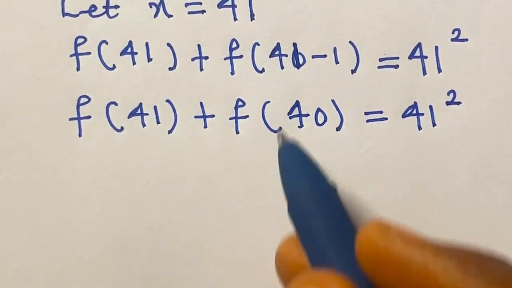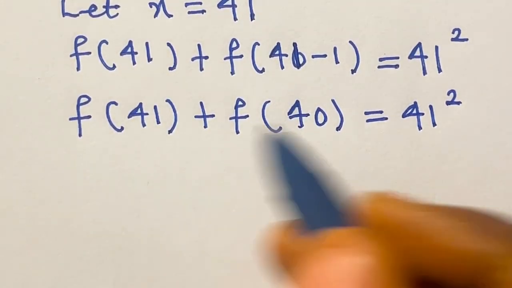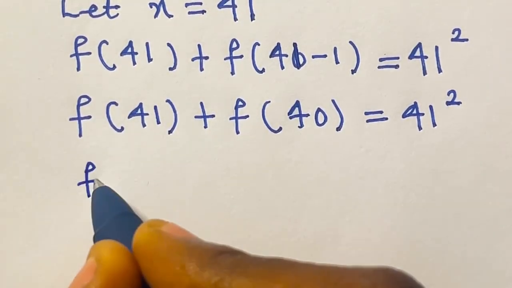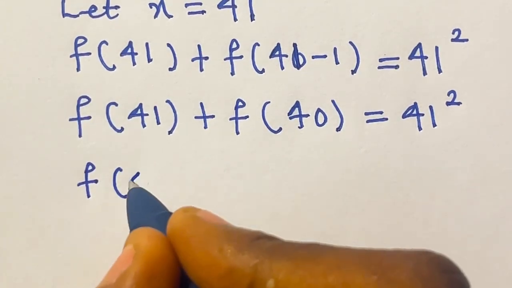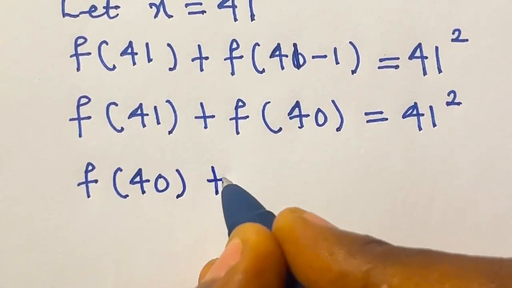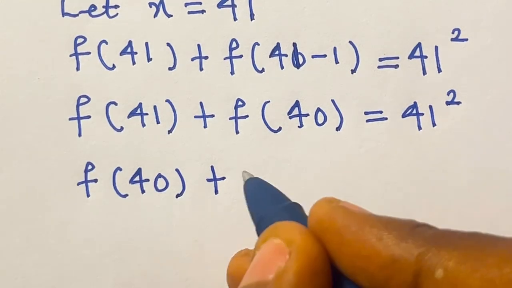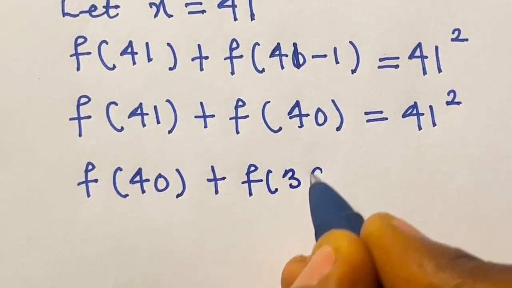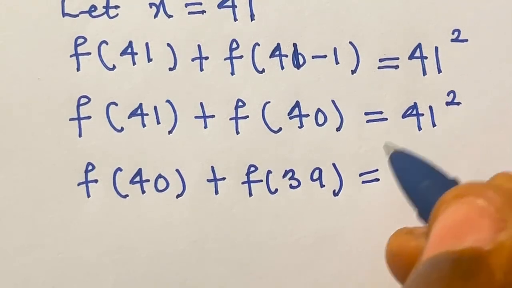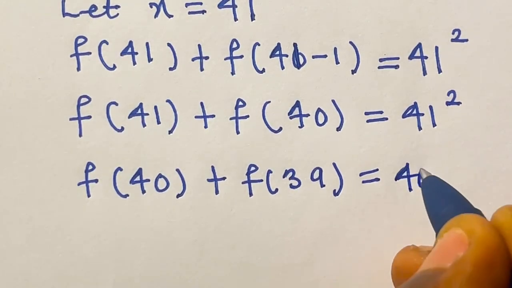So yes, we have to continue this. If you continue, we are going to have f of 40 plus, this one will be minus 1, so it will be f of 39. If you subtract 1 here, we'll have 40 squared.